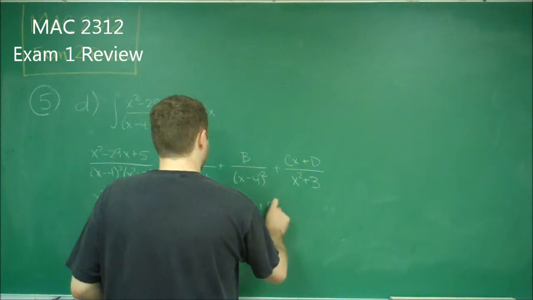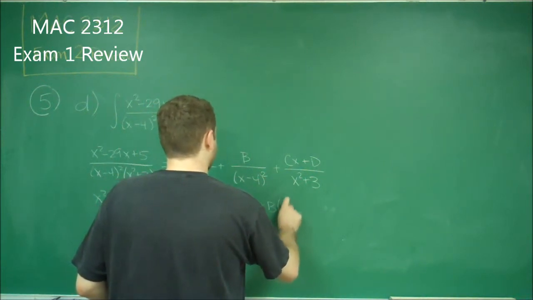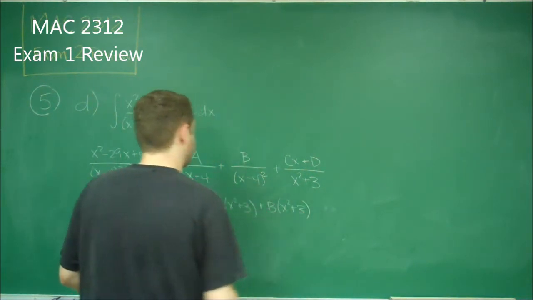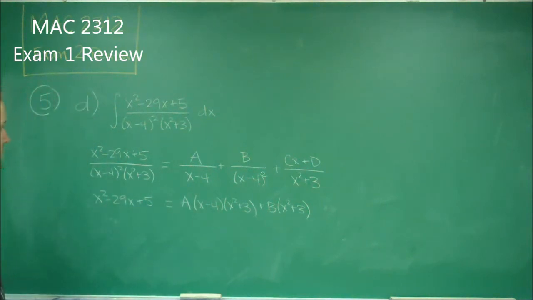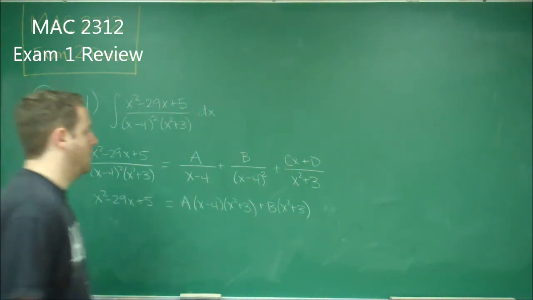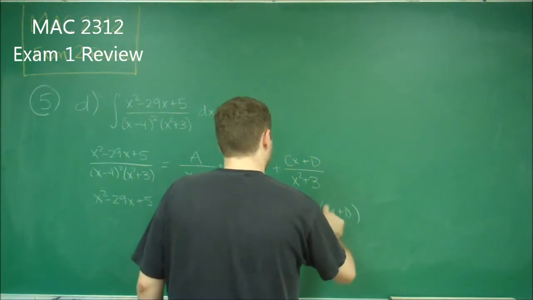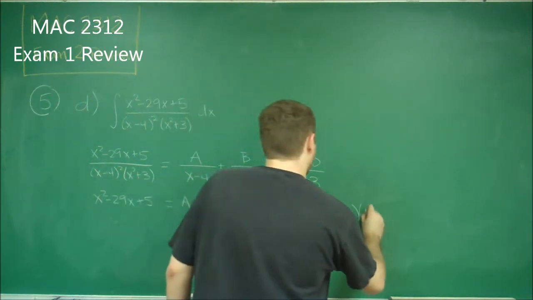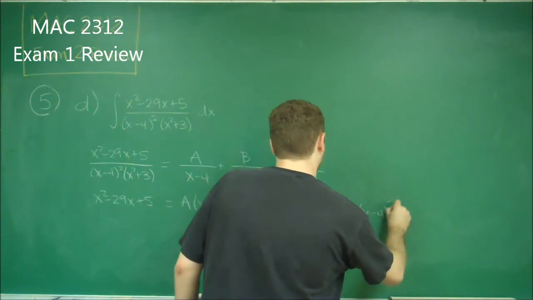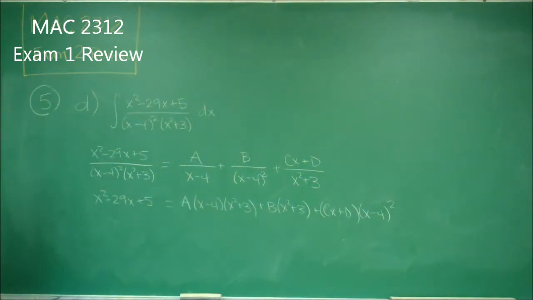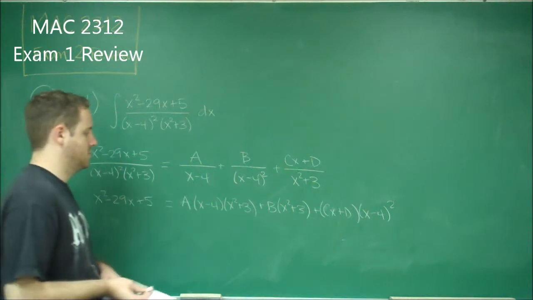The B only needs the x squared plus 3. And our Cx plus D needs to be multiplied by x minus 4 squared.